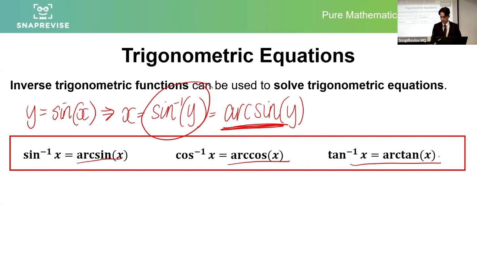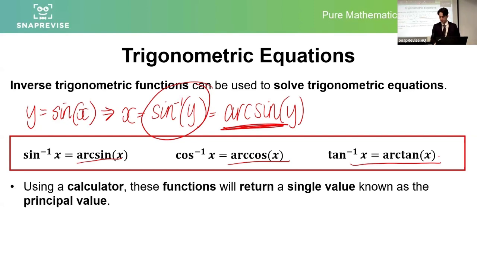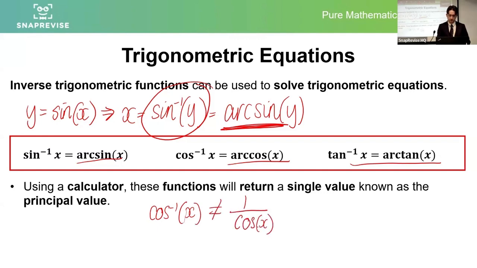Okay, so the other key thing to remember is that this is not this. Okay, the notation is very similar. This is an inverse function. When we're talking about sec, which is 1 over cos, you would actually have to think of that as cos x to the -1.